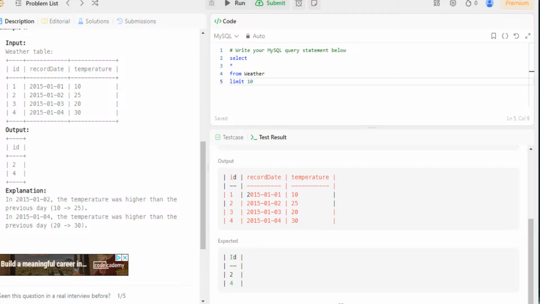There's LAG and there's LEAD, so literally behind and ahead. We can have it look forward or look backwards.